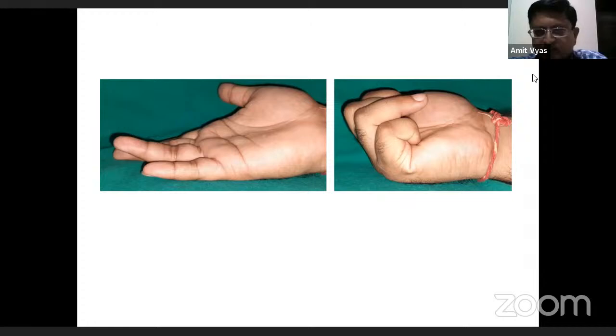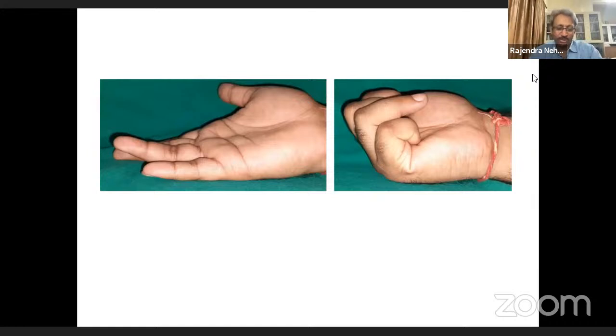Nehete sir, could you comment? Yes. If, as Dr. Rahul said, the families and the relatives are insistent, especially I find it in young girls, if they come with this injury, I tell them that I would like to explore the finger. I would like to see the status of the flexor tendon sheath and the condition of the flexor tendon.